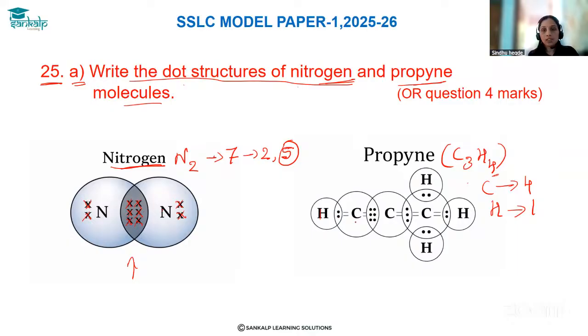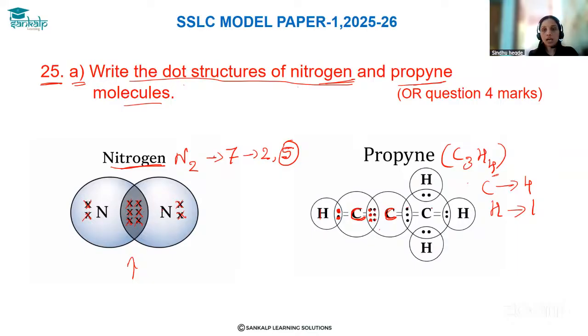Now the bond is formed. This is carbon, it has 1, 2, 3 and 4 valence electrons. It bonds with 1 electron of hydrogen. Again here also a carbon atom, it has 4 valence electrons and bonds 1, 2, 3 and 4.